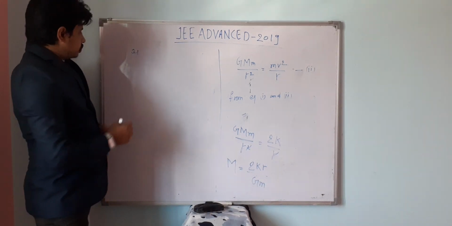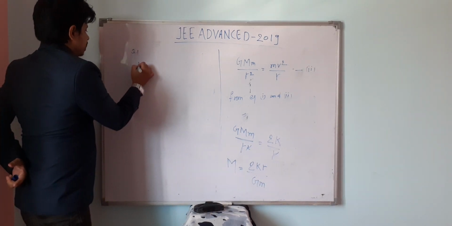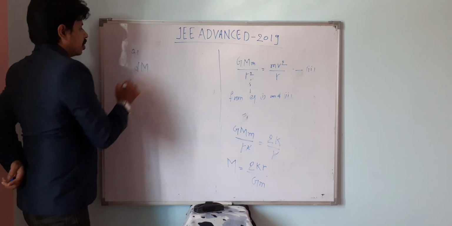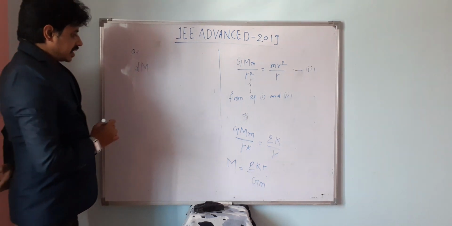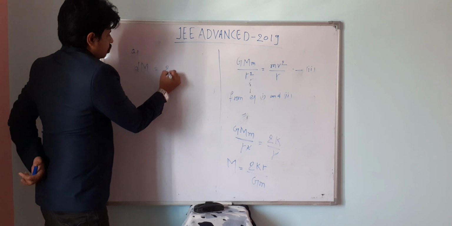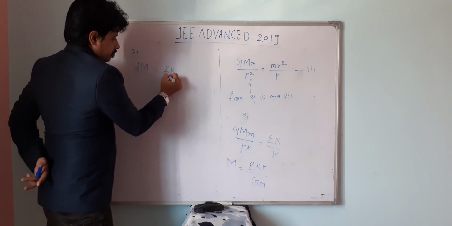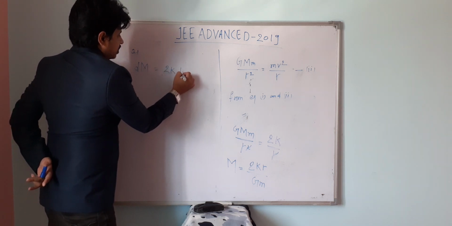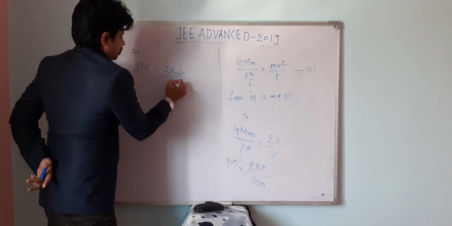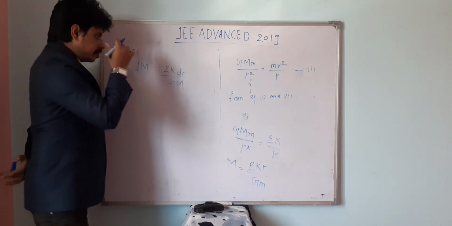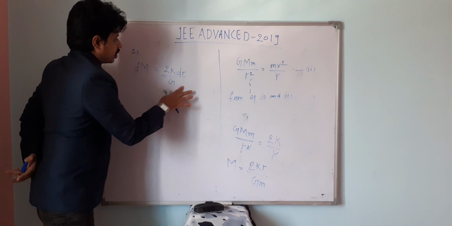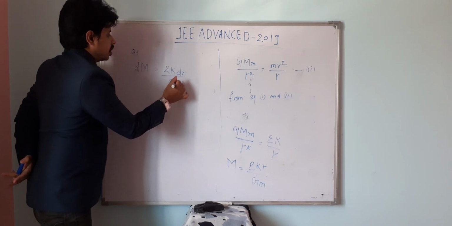So dM, the differential mass of the gas, can be given as 2K dr by G into small m.